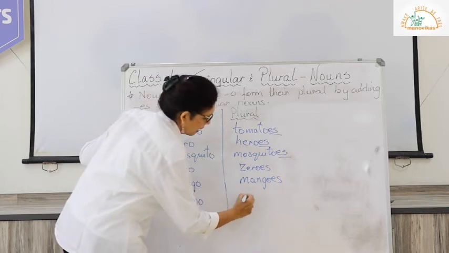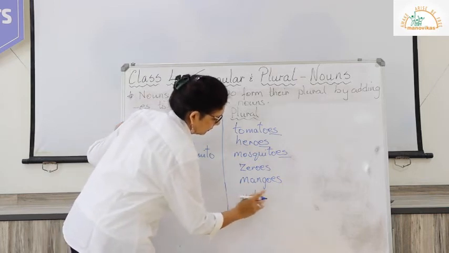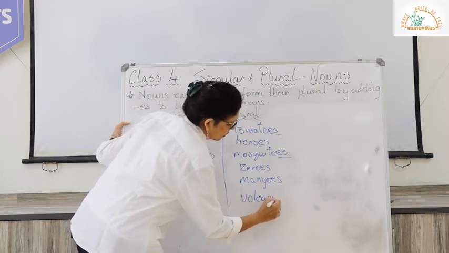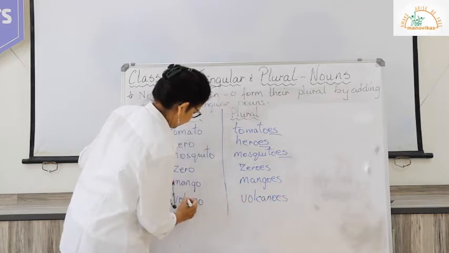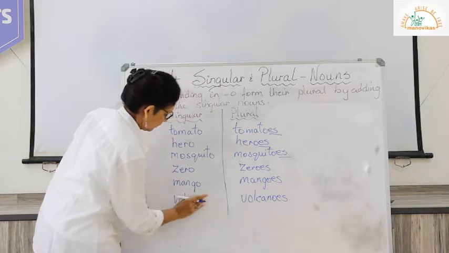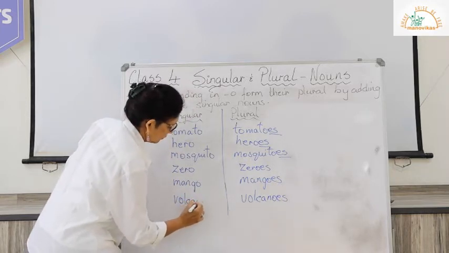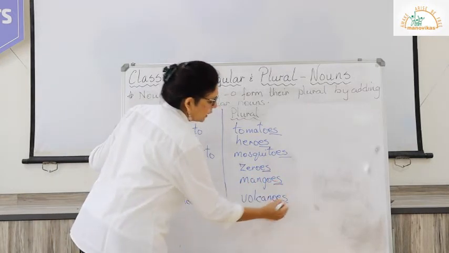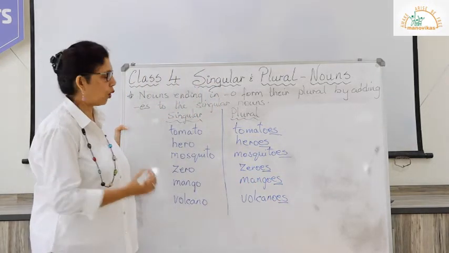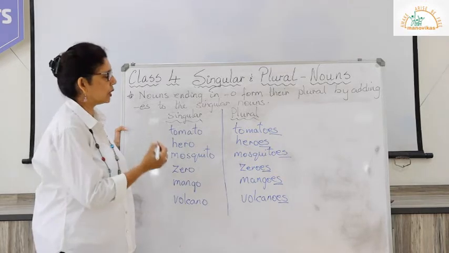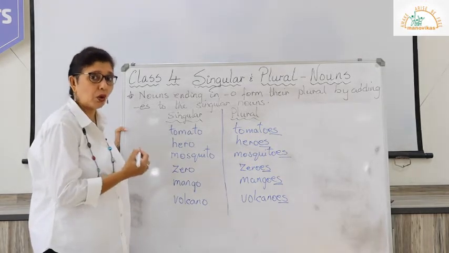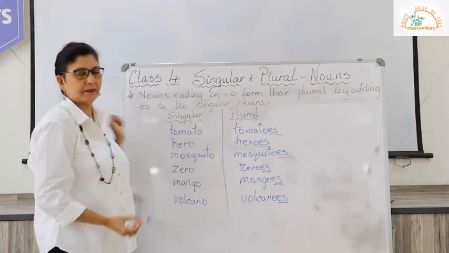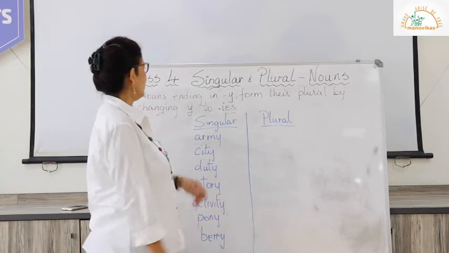And volcano becomes volcanoes. So we have added an ES to all the nouns ending in O. So remember this rule that words or nouns ending in O make their plural by adding ES. So let's move on to the next rule.